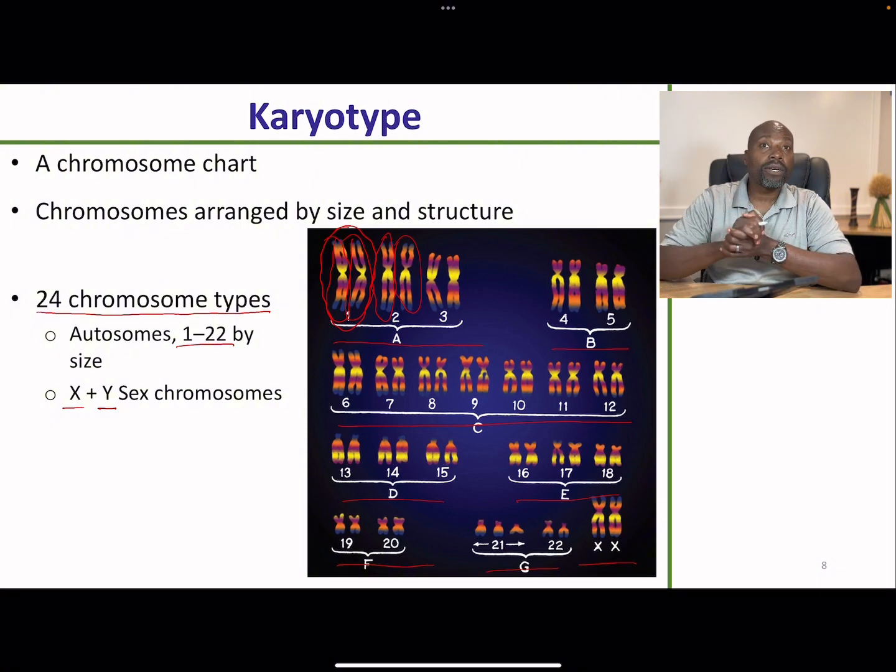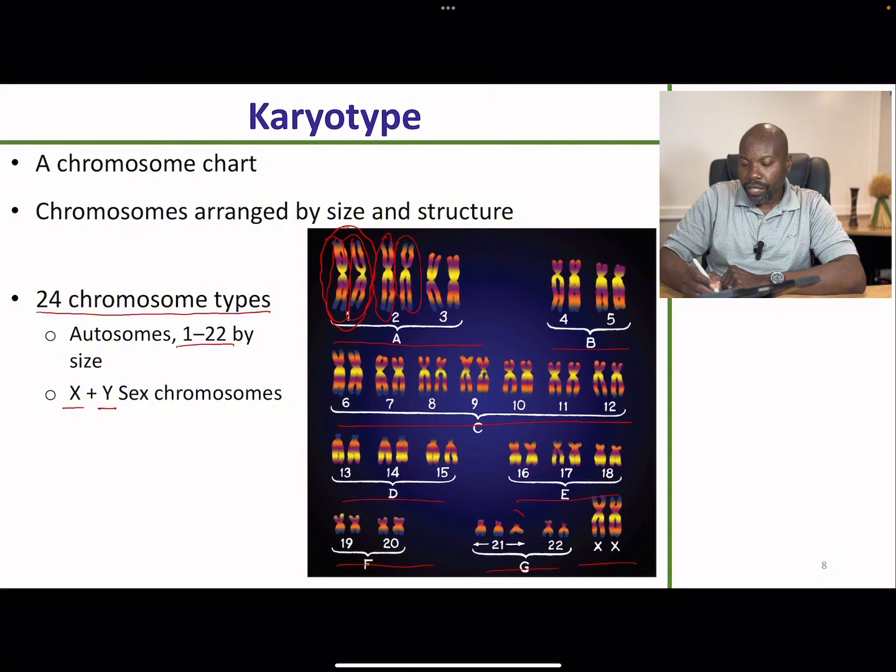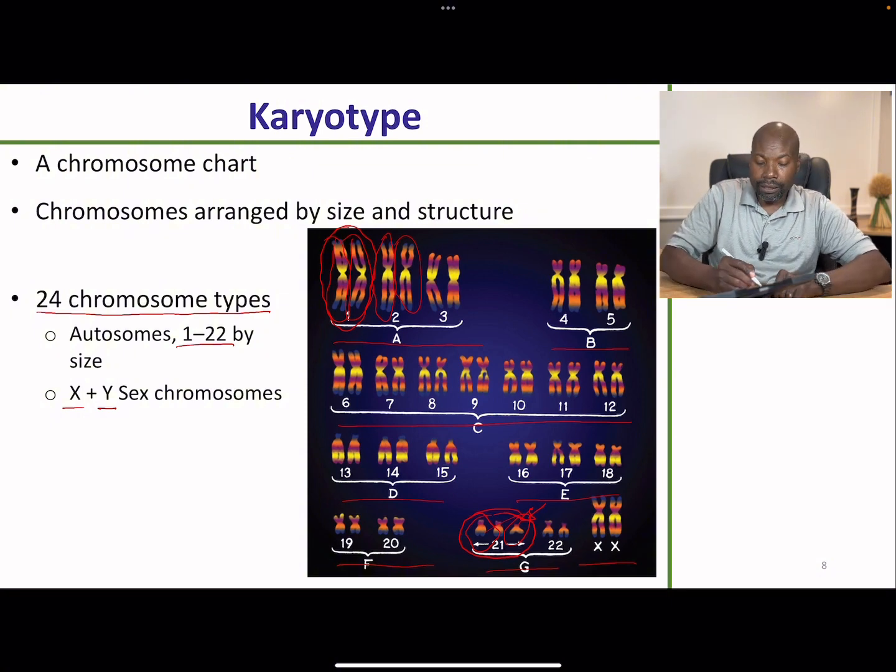Now, they are homologous because they contain the exact same genetic information at every single location, normally, right? Okay, so with that said, here, for instance, we do see that chromosome number 21, rather than having 2, we're having 3. This means that in this karyotype, this individual has an extra chromosome. That's what we call Down syndrome, right? Down. Oops, no, that's not correct.